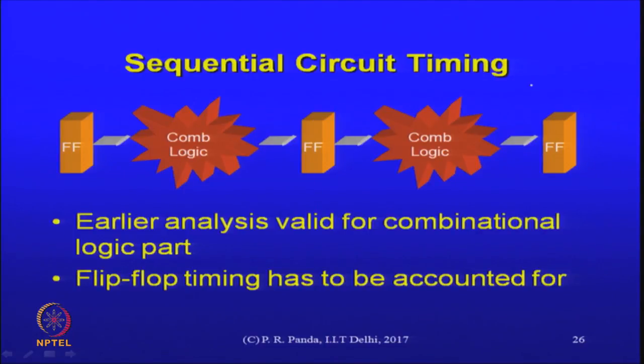Let us quickly go through what is essentially just a definition and putting together. Once you have computed the critical paths through the combinational logic, what else remains to be done? That analysis was valid for combinational logic so far, but of course, real designs are sequential and there are flip flops along the way. How do you account for them?